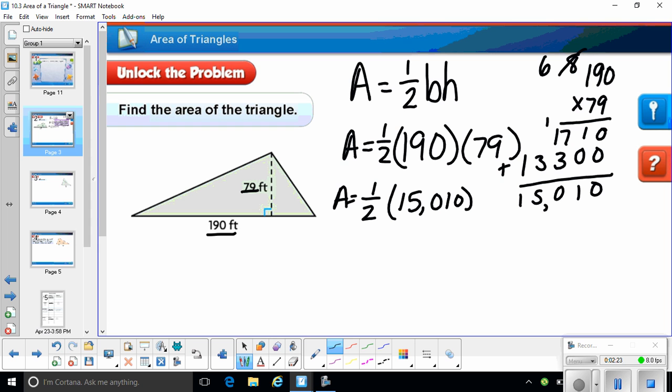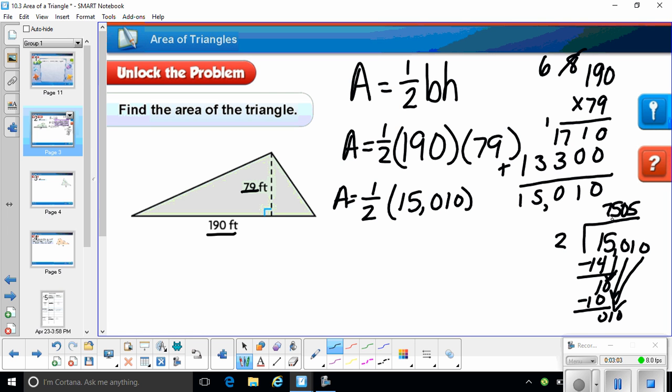I'm then going to multiply 15,010 by 1/2. So I either can multiply it by 1/2 or I can divide the number that I have by 2. Personally, I like to divide, and so I would go ahead and set that up off to the side again with my doodle math. 2 can go into 15 7 times. 2 can go into 10 5 times. 2 cannot go into 1, but 2 can go into 10.